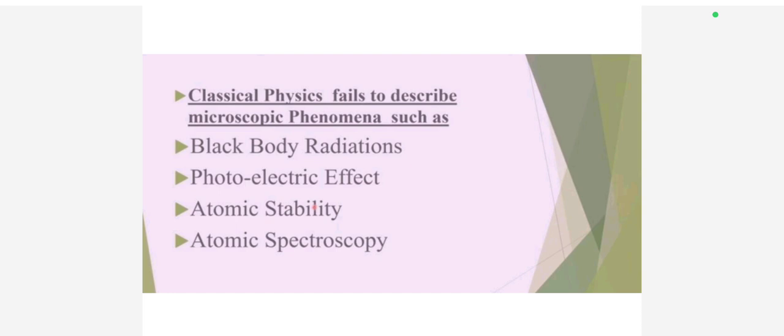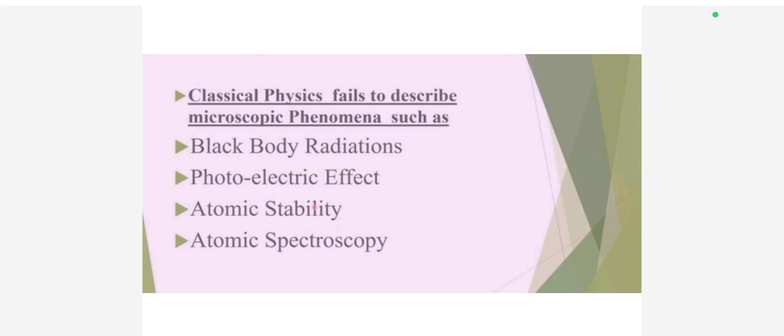Basically, it is the phenomenon of thermal radiation from a body in thermodynamic equilibrium with its environment. For example, a black body emits electromagnetic radiation within the body and outside of the body. And second is the photoelectric effect.